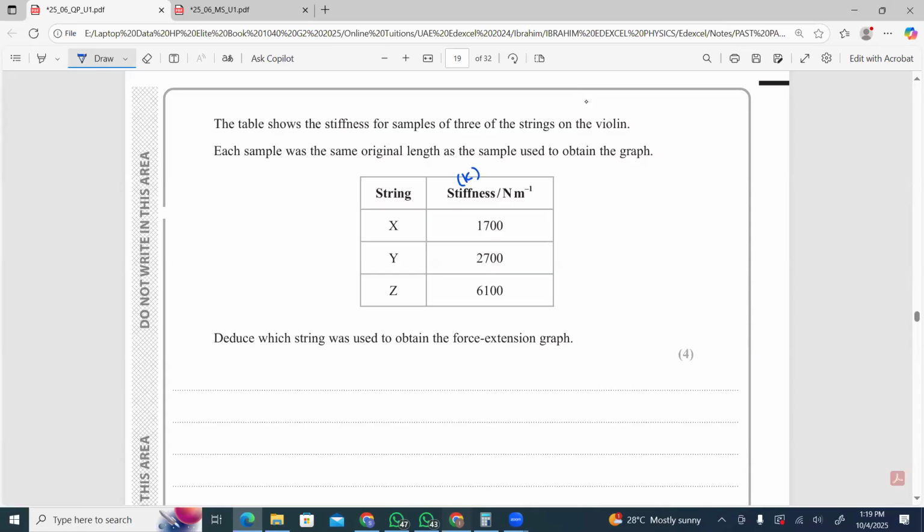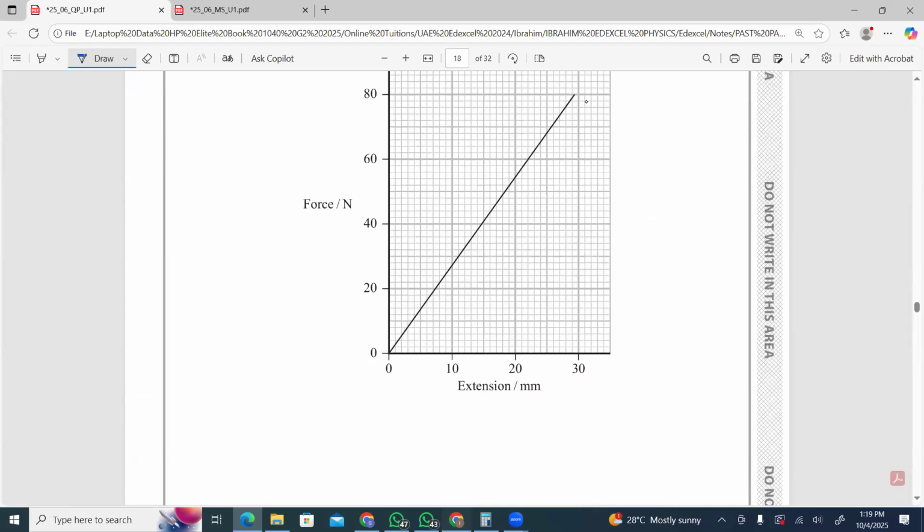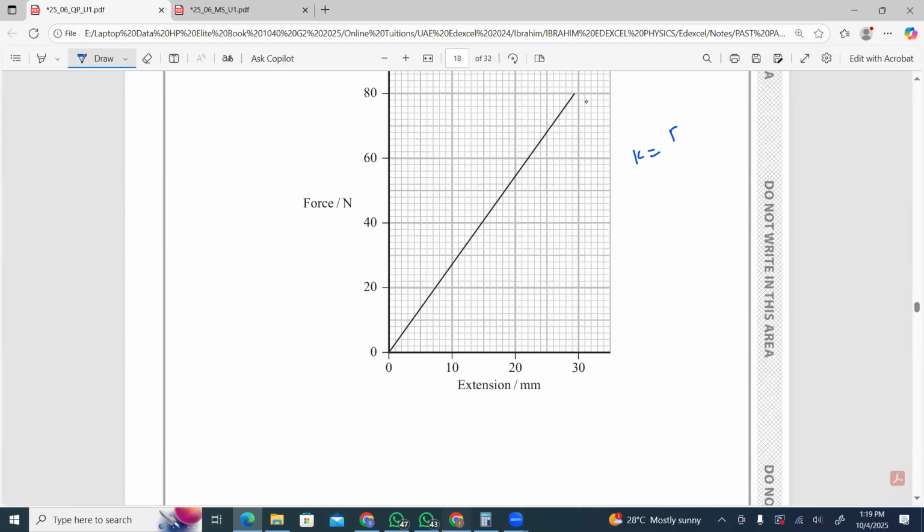Stiffness means K, the spring constant, and the spring constant is actually F over delta X. So simplify now the gradient. I am talking about the gradient, as 40. I think this point is better.